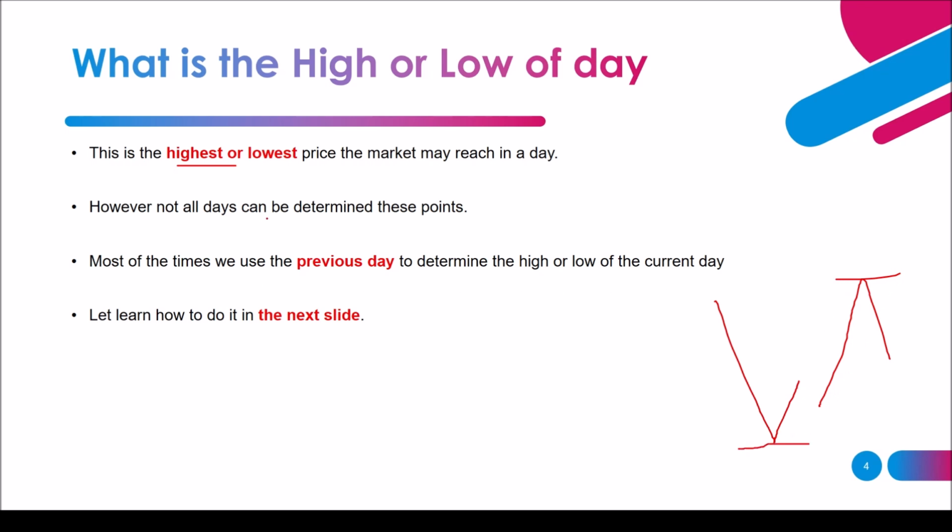However, not all days can be determined at these points. Some days are days of choppiness, whereby we cannot deem a high or a low. It is very, very difficult to do so within those particular days. And most of the times, we use the previous day to determine the high or low of the current day.